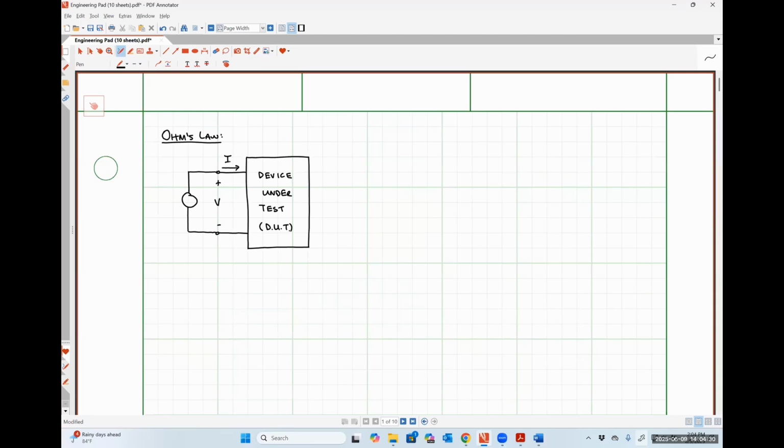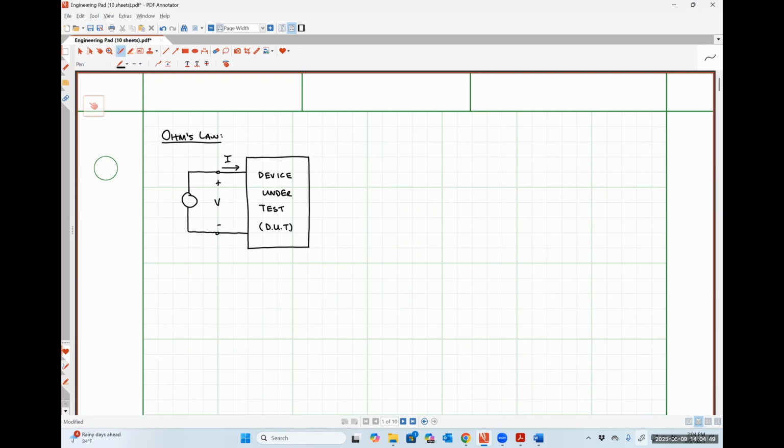And he found that the current flowing through the network and the voltage across the network were proportional to each other. Okay. So he called the constant of proportionality between those two quantities, voltage and current, resistance.